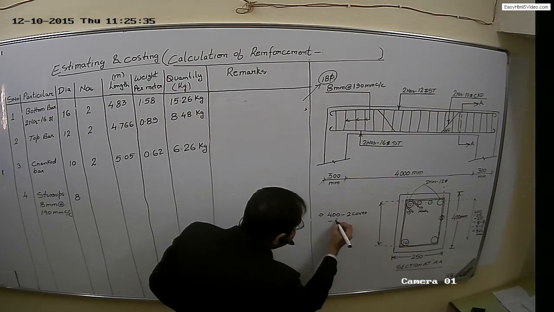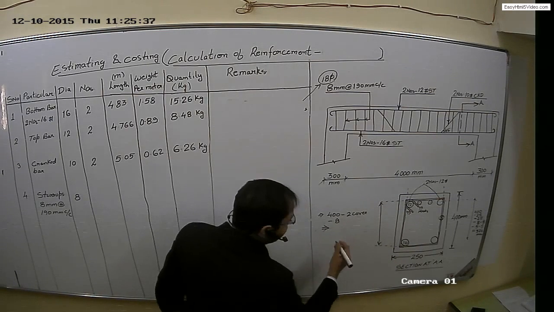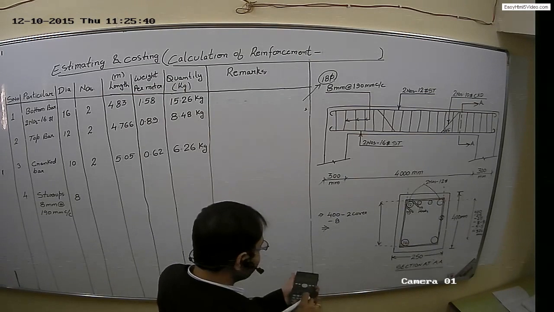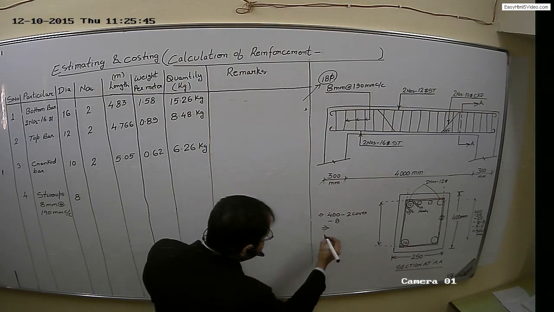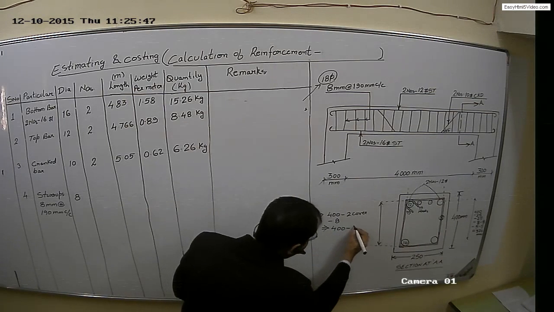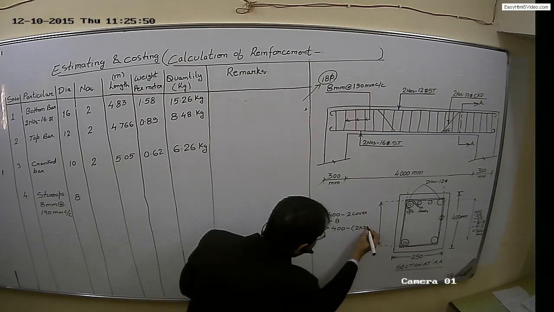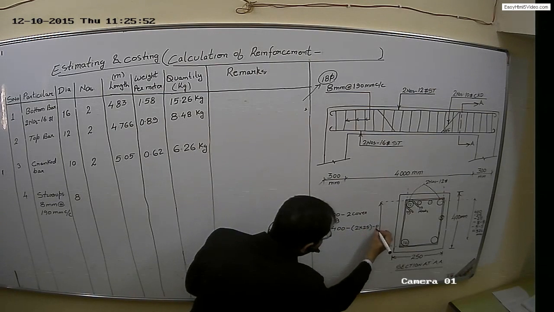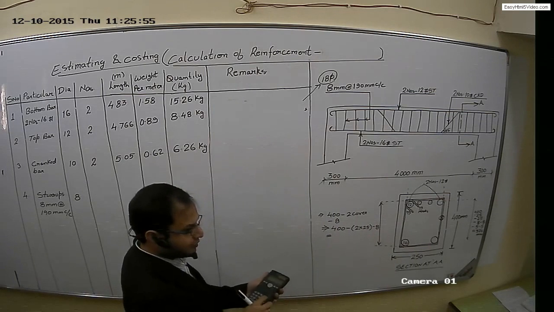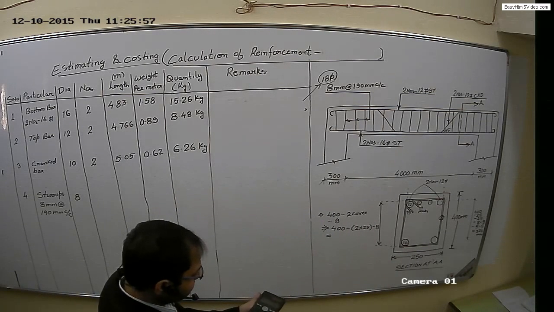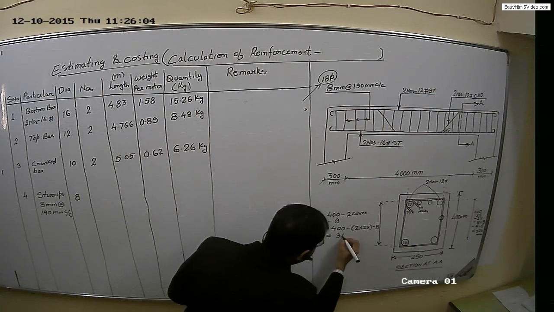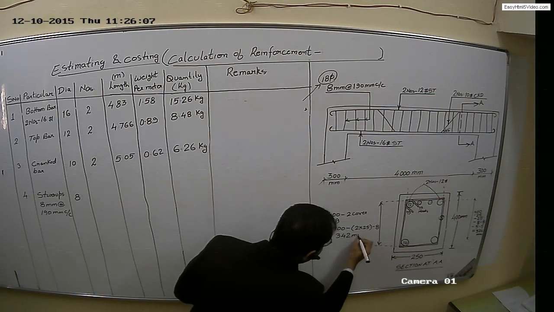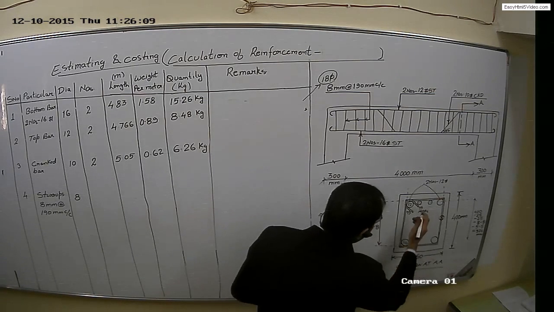So deducting 8 mm from this length, we'll get 400 minus 2 into 25 minus 8. You'll get 342 mm. 342 mm.